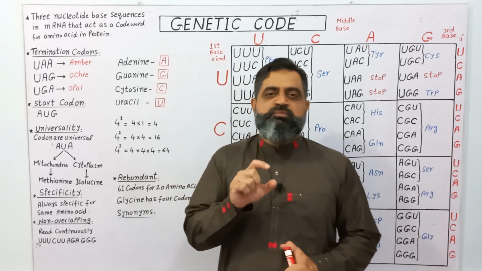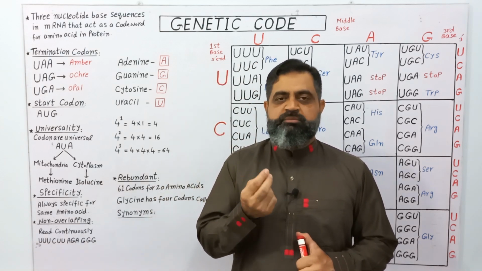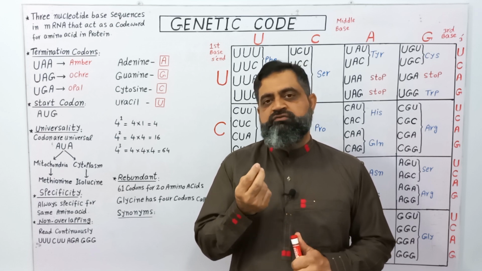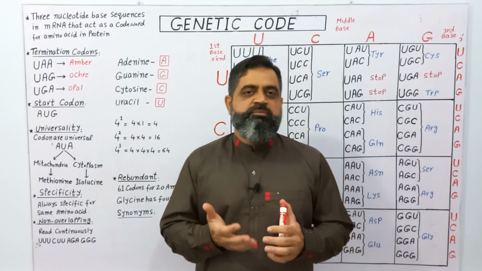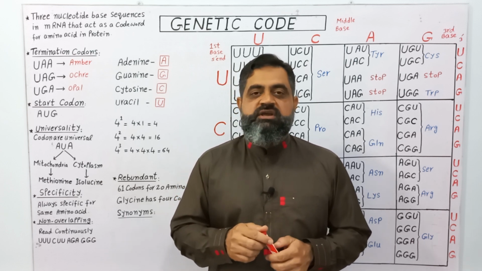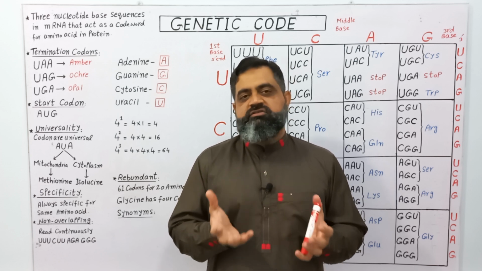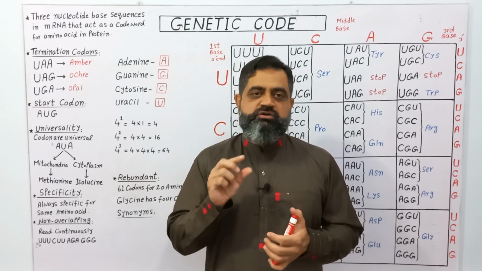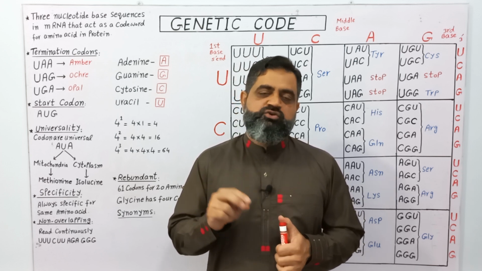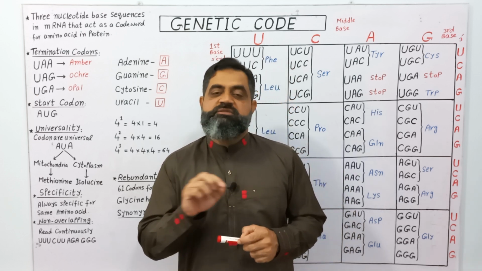It means these codons can only produce a protein which contains only 4 amino acids. So if the protein is larger with many amino acids, then the genetic code will also be longer. And if the protein is smaller in size, then it also contains fewer codons on the messenger RNA.